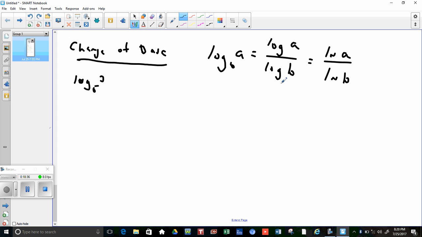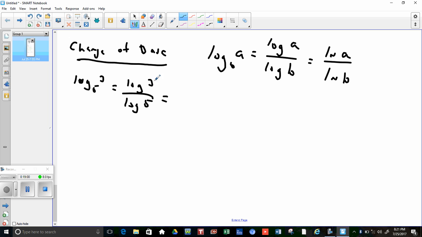So in this case, the log of 3 base 5 could be rewritten as the log of 3 divided by the log of 5. So be careful when you plug this one in your calculator, because you'll have to do the log of 3, enter, then divide it by the log of 5.